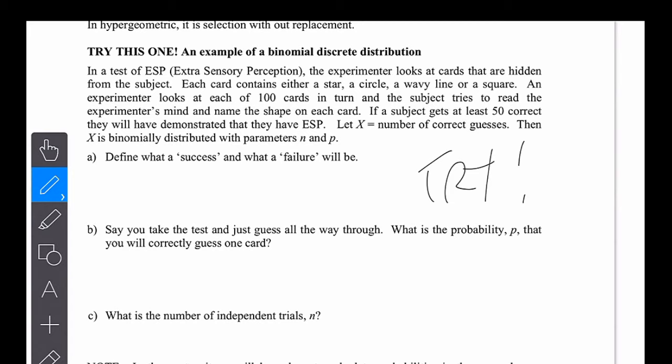At this point you should be able to identify if a variable is binomial or just a general discrete variable. So try that exercise.